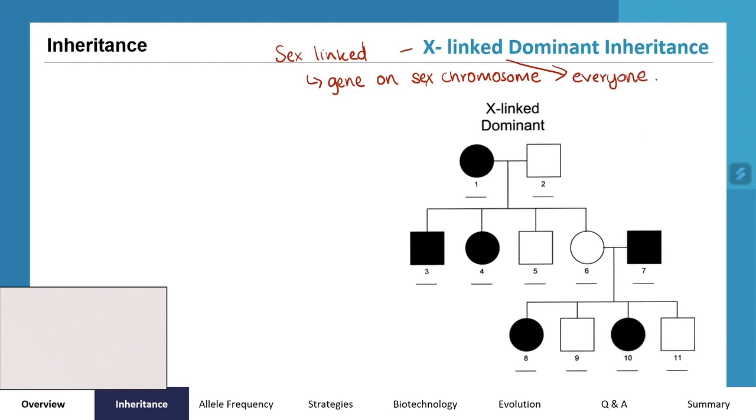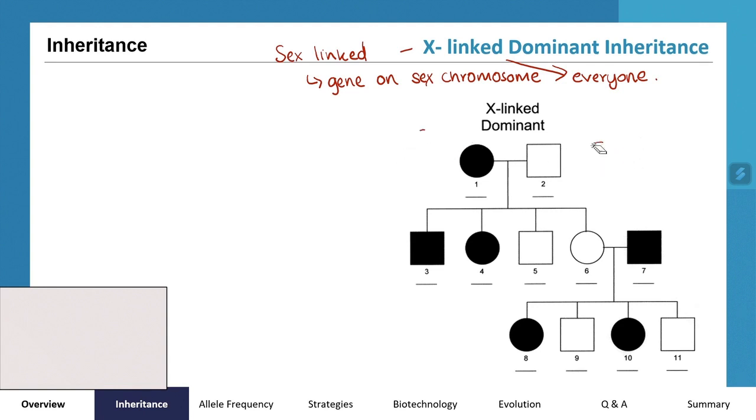When you're writing the genotypes, females will be written as X with either a capital letter as the superscript or X with a recessive letter, and males will be written as X with a capital or lowercase letter, and then Y to say that they have the Y chromosome.